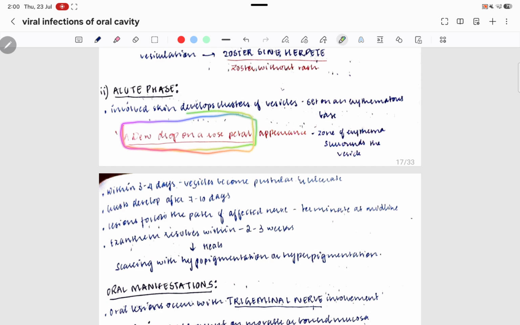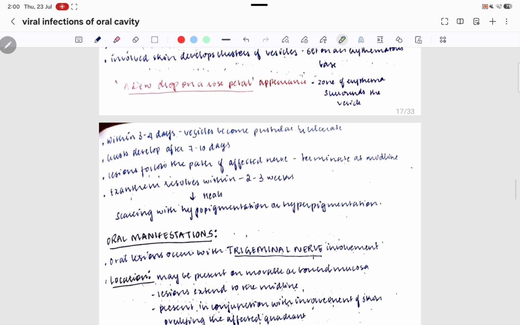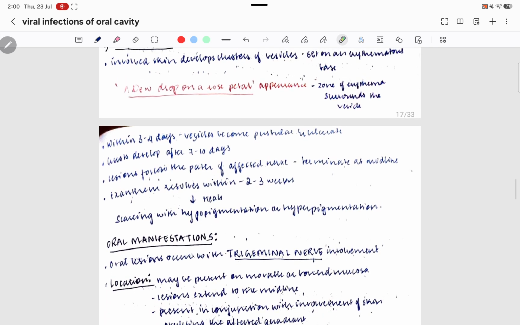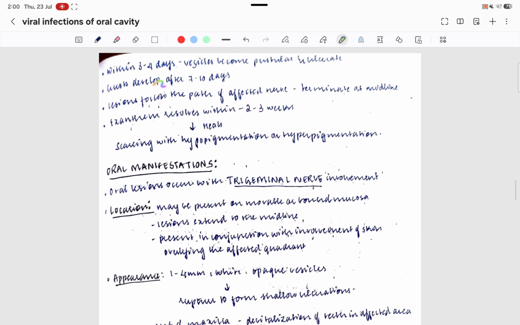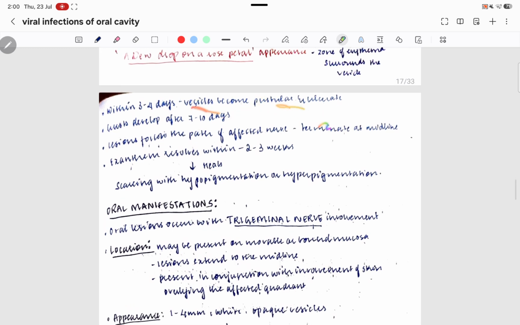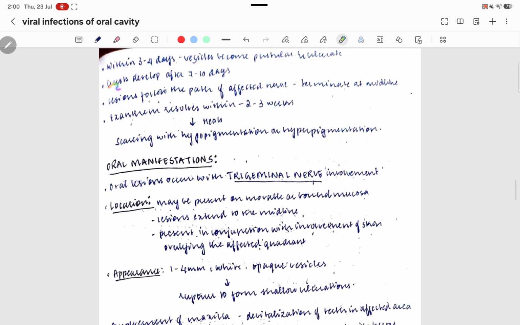Just as dewdrops appear on a rose petal, the erythema with vesicles appears the same way. Within 3 to 4 days the vesicles become pustular and ulcerated. So the vesicles fill with pus and ulceration occurs.